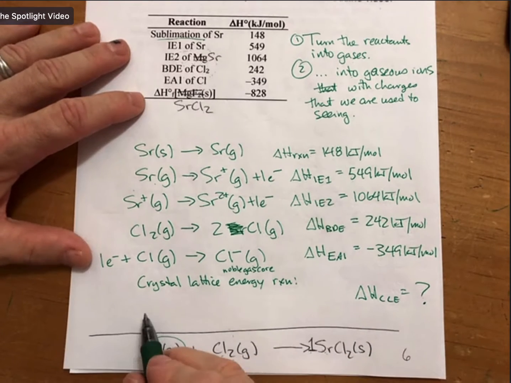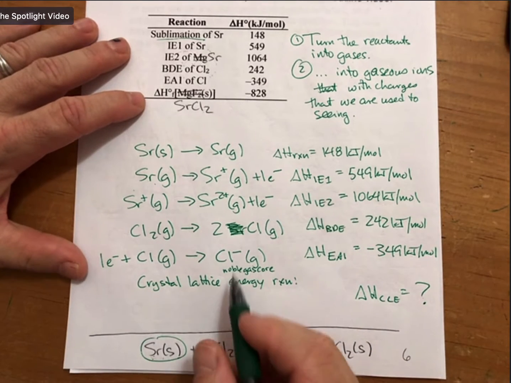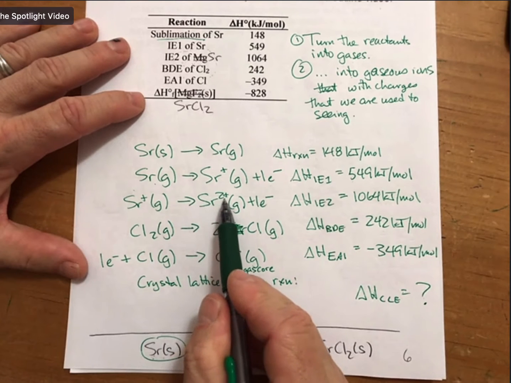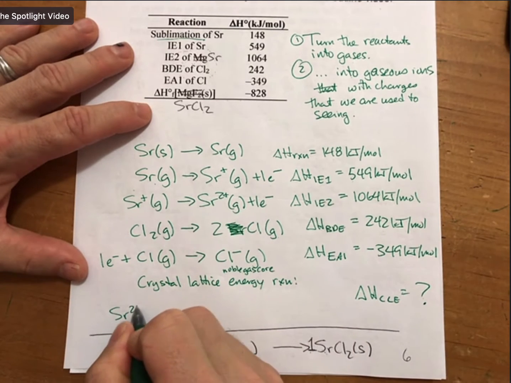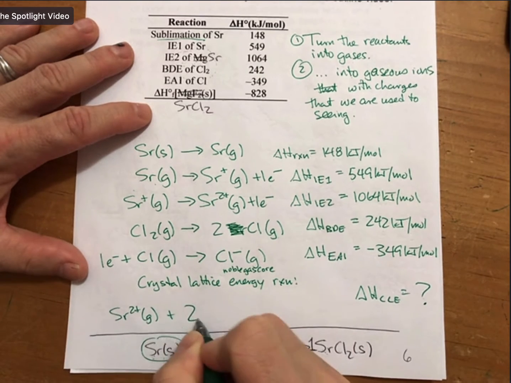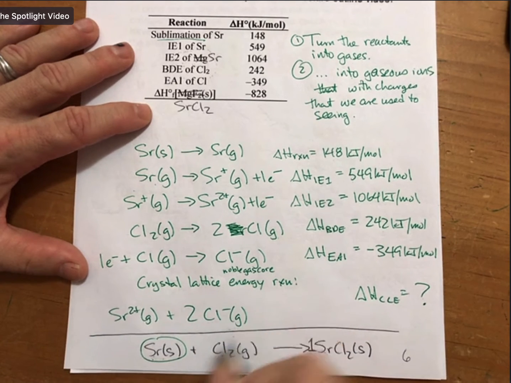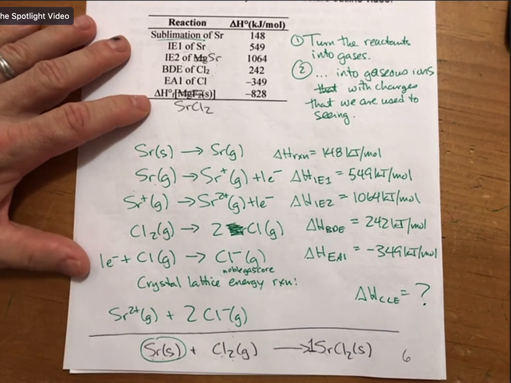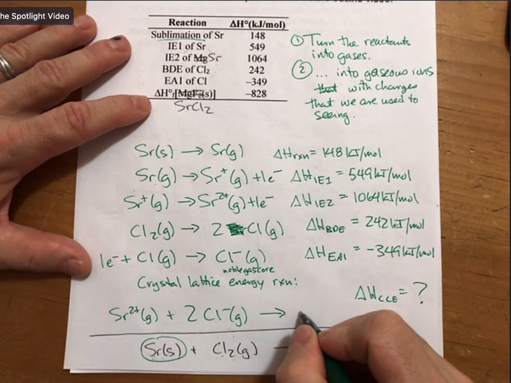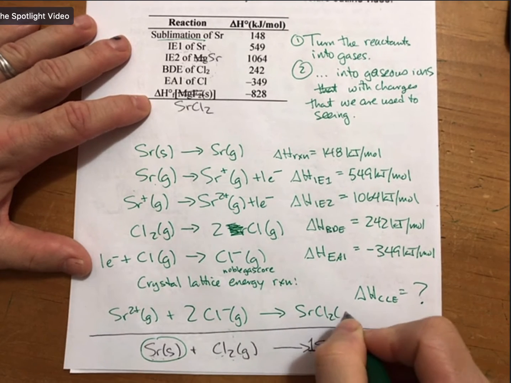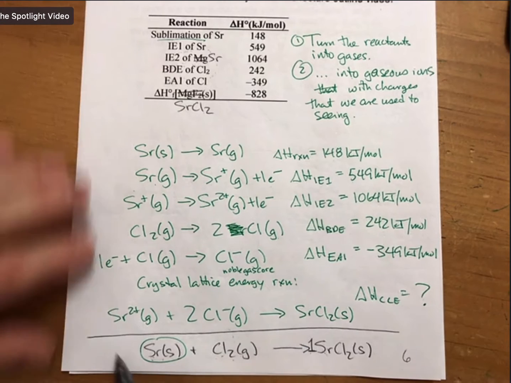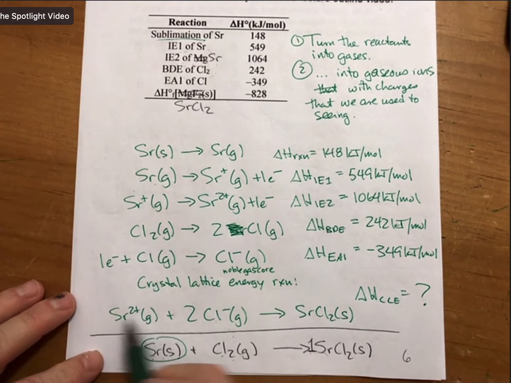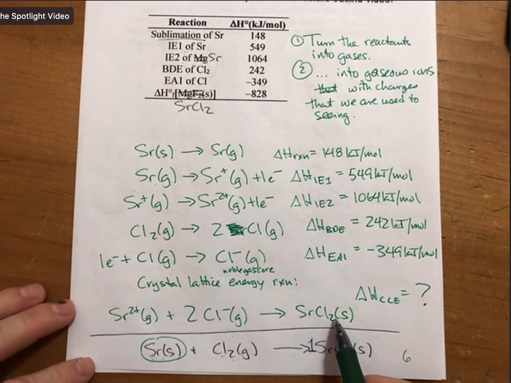However, we're going to write the reaction. It's going to be strontium 2 plus gas plus 2 chlorine minus gases goes to strontium chloride solid. And in the lecture outline, we reviewed what this process is.